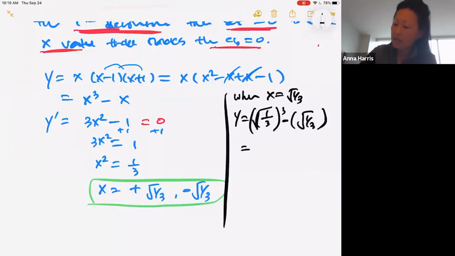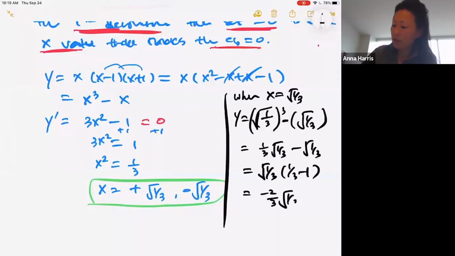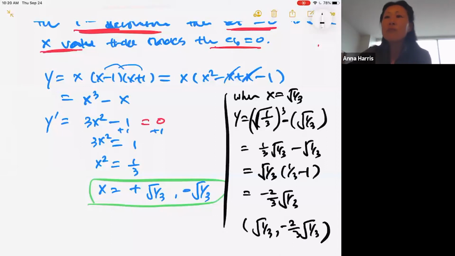So that's equal to 1/3 times square root of 1/3 minus square root of 1/3, which gives me negative 2/3 square root of 1/3. That's what I have. So my y value and x value, I have 1/3 square root of 1/3. Don't worry about this algebra, okay?